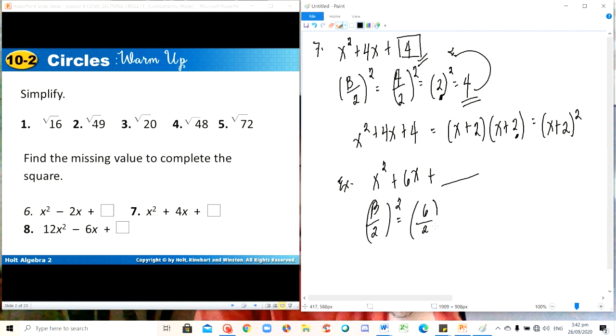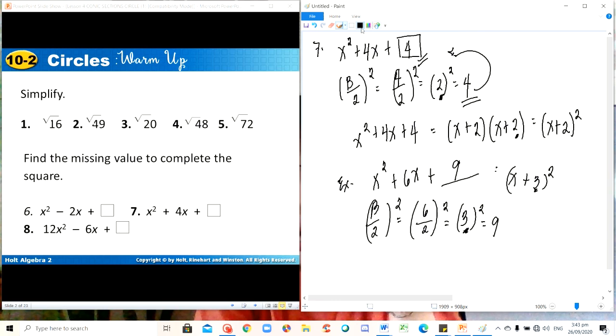It's 6 over 2 squared. 6 over 2 is 3, squared is 9. So therefore, you add 9. How do you write this in factored form? You have x plus 3 squared. Where did you get the 3? It's the quotient of 6 over 2.